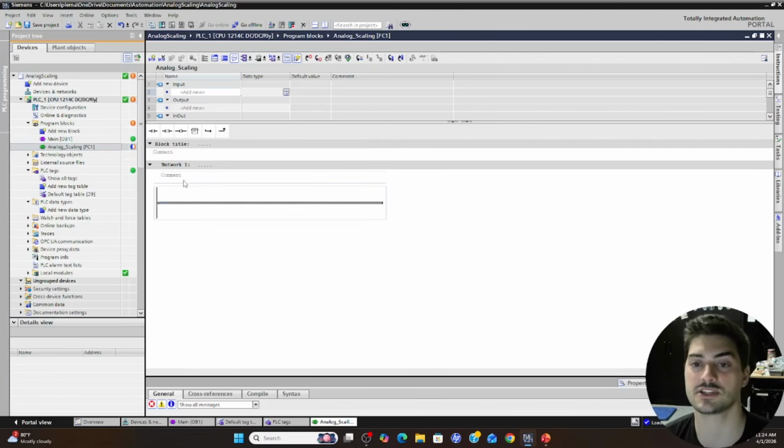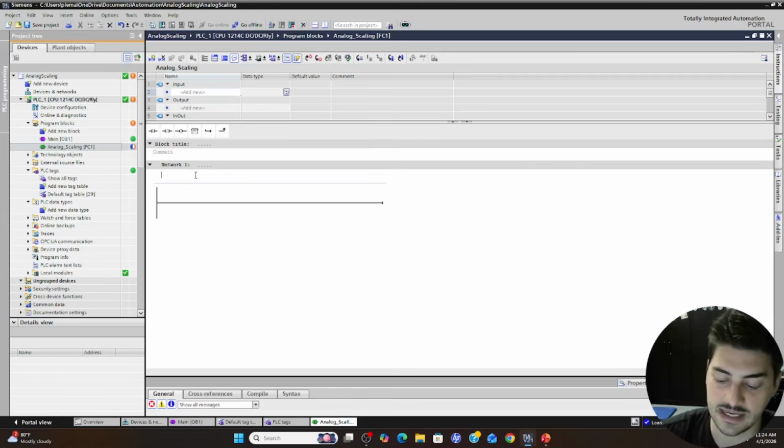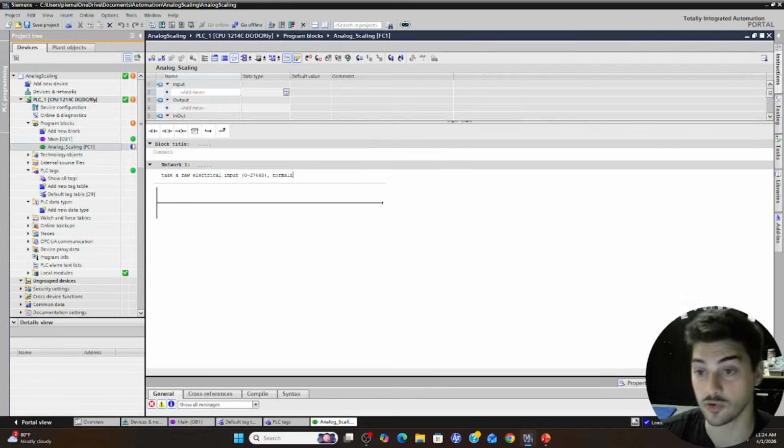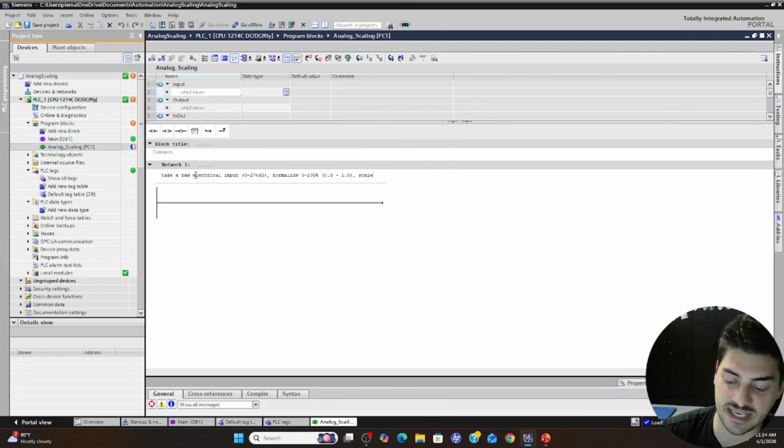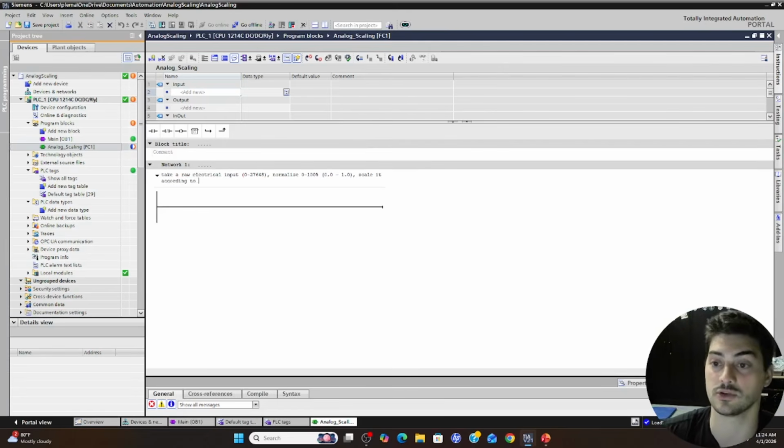The two steps we want to do are: take a raw electrical input, which will give us a value of 0 to 27,648, and normalize it to 0 to 100%, or 0.0 to 1.0. And then scale it according to our engineering units.